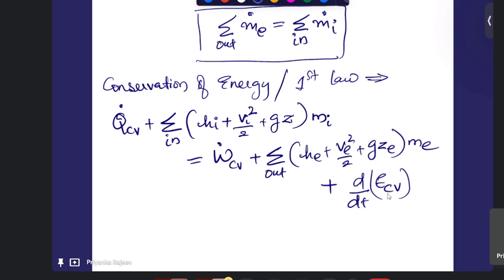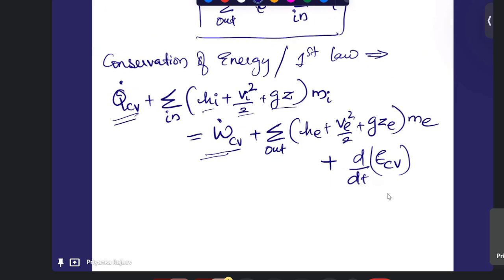So the total energy of the control volume is going to be affected by the work input and output, then heat input and output, and the enthalpy change, kinetic energy change, and potential energy change over inlet and outlet. Okay. So this is what is stated by the conservation of energy law.